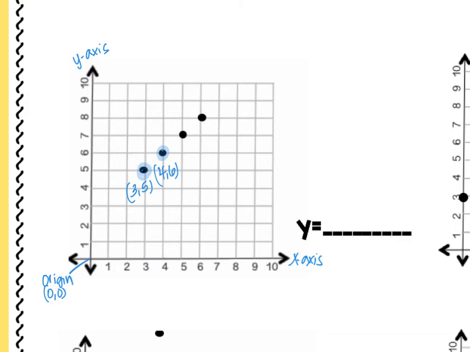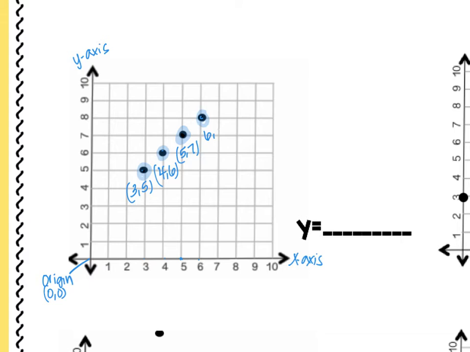My next coordinate pair is here. And this one looks like I walk 5 and jump 7. So my coordinate pair is 5, 7. And now my very last one is here. I'm going to start at the origin. It looks like I walk 6 and jump 8.